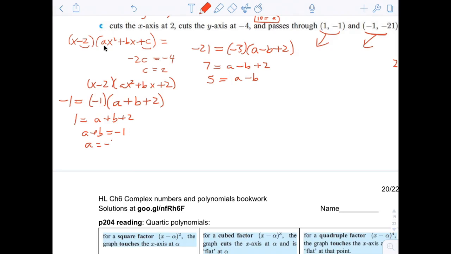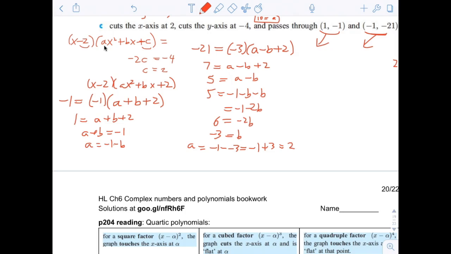A equals negative 1 minus b. So 5 equals negative 1 minus b, negative 1 minus 2b. 6 equals minus 2b. B equals negative 3. If b equals negative 3, then a equals negative 1 plus 3, which is equal to 2.